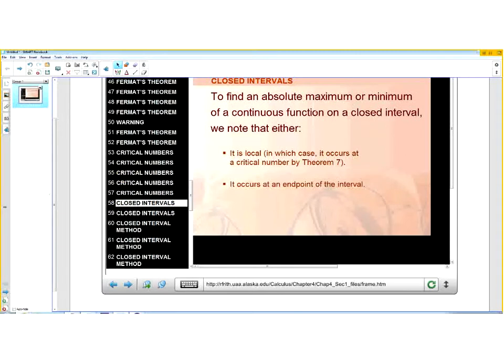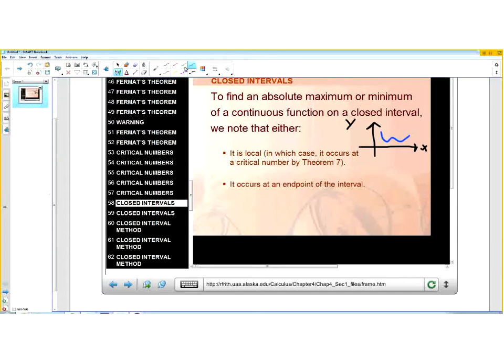To find an absolute maximum or minimum of a continuous function on a closed interval, we note that either it is local, in which case it occurs at a critical number, or it occurs at an endpoint of the interval. Let me show you an illustration. Here are our coordinate axes. Suppose we have a function that goes like this.